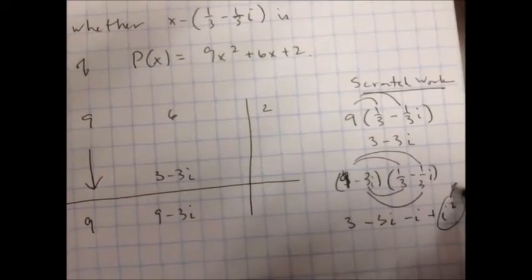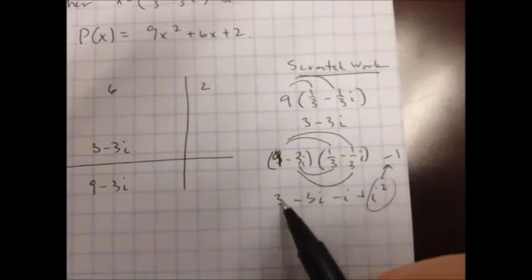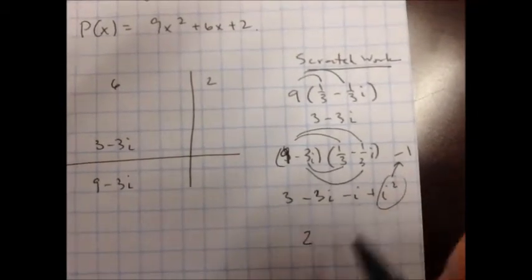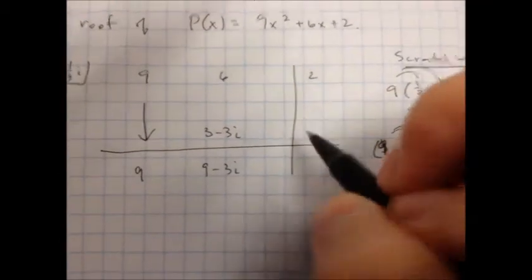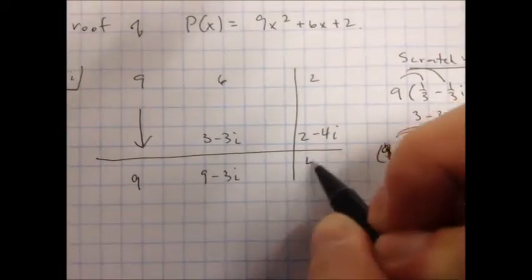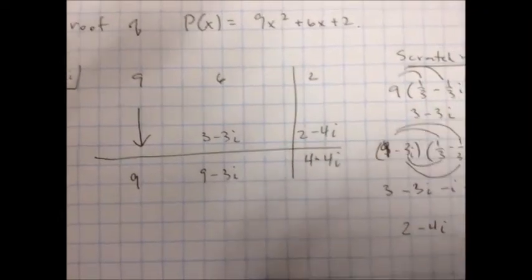But if we remember, i squared is actually negative 1. So then that's 3 minus 1 is 2. And then negative 3i minus i is minus 4i. So this 2 minus 4i goes here. And I add 2 and 2, that's 4 minus 4i.